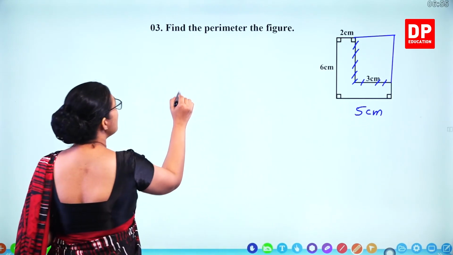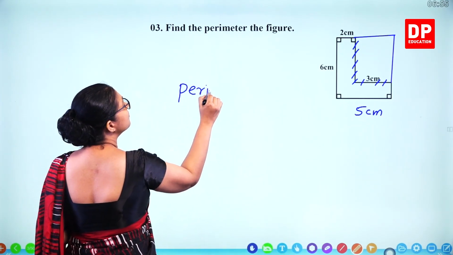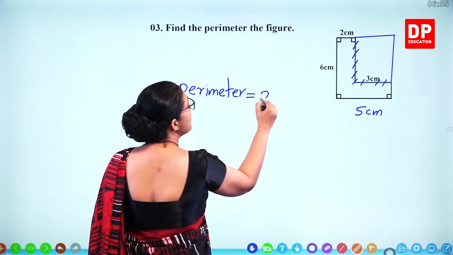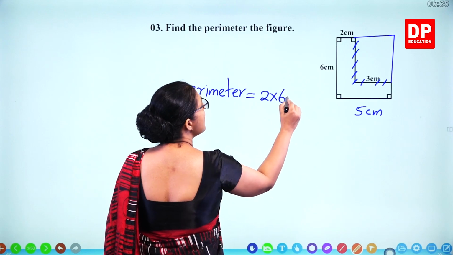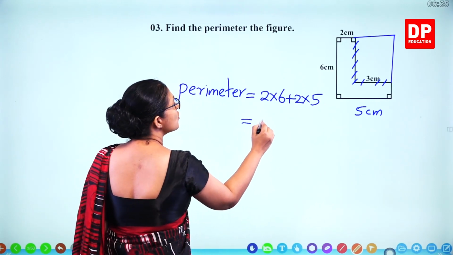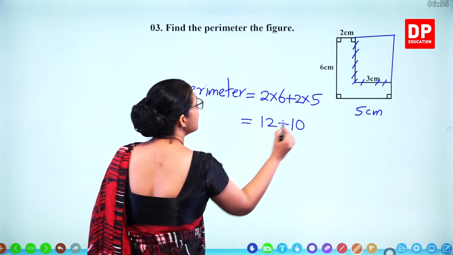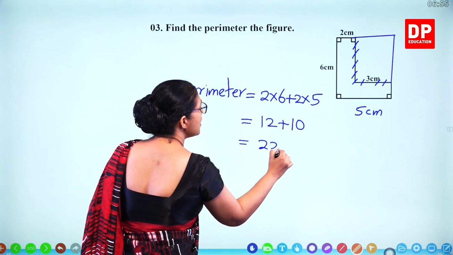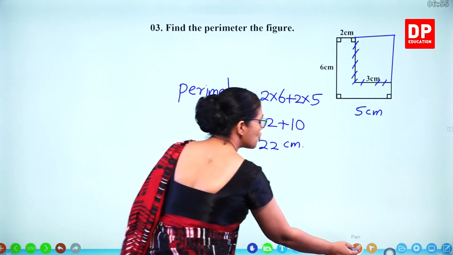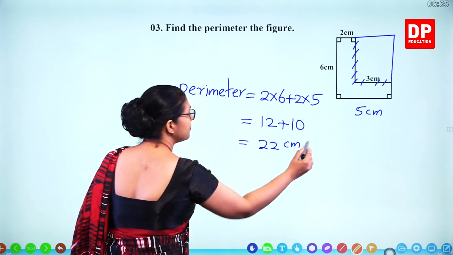So the perimeter becomes 2 times 6, 2 lengths and 2 widths, 2 times 5. 12 plus 10, you get 22. That's in centimeters. So 2 marks for that.